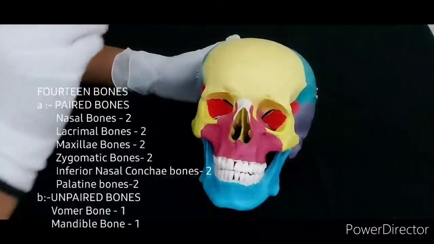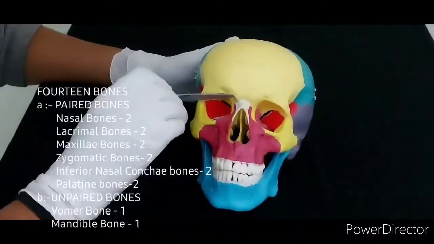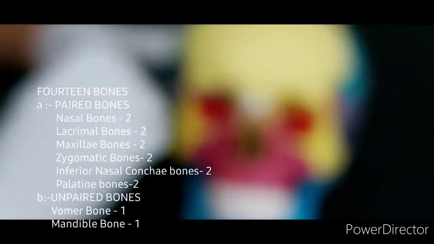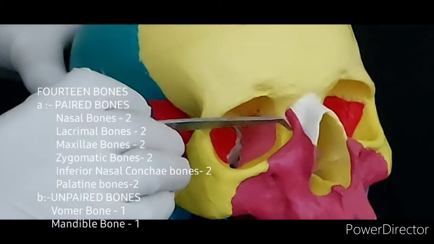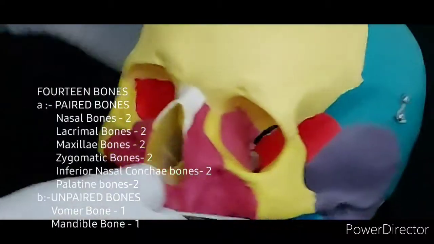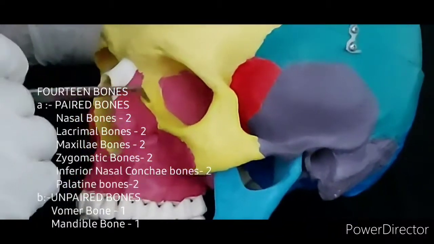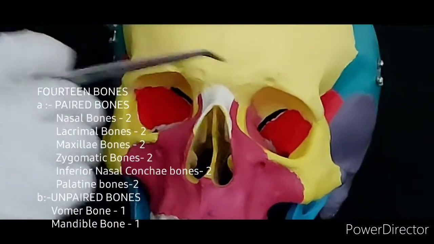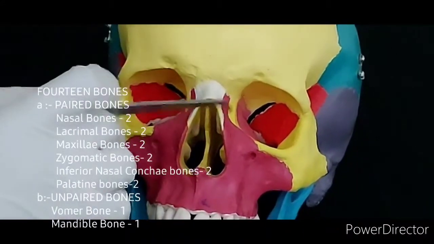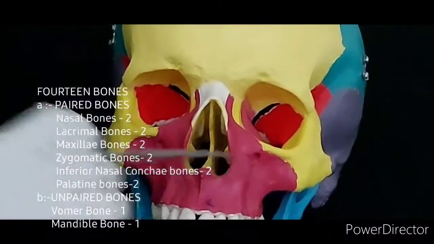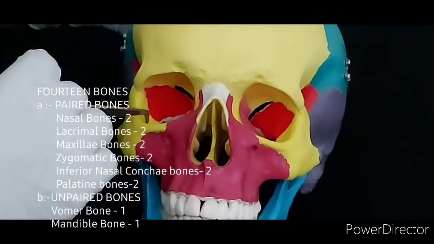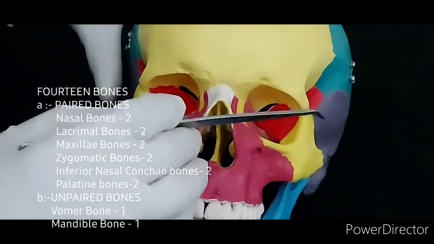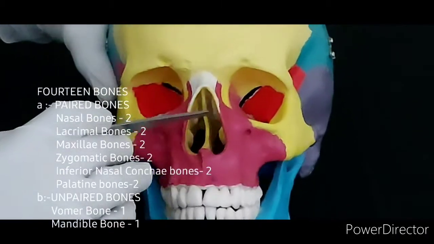The paired bones are 2 nasal bones, 2 lacrimal bones, 2 maxillae, 2 zygomatic bones, and 2 inferior nasal concha bones.